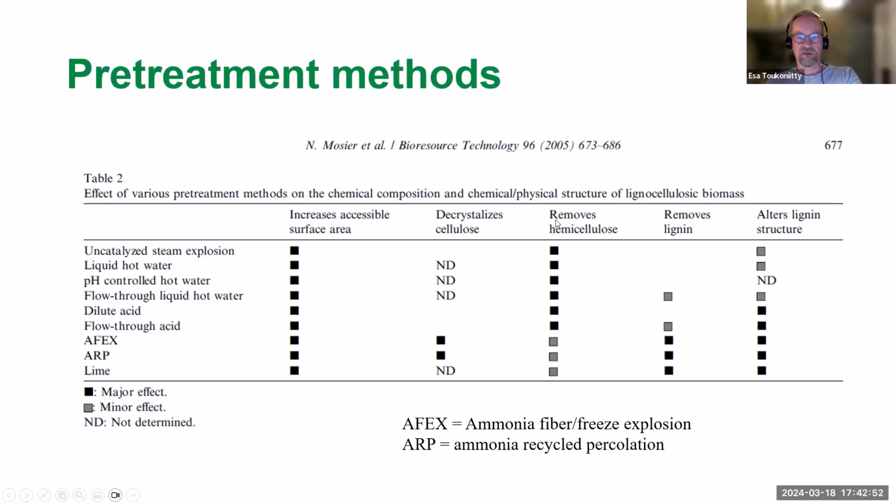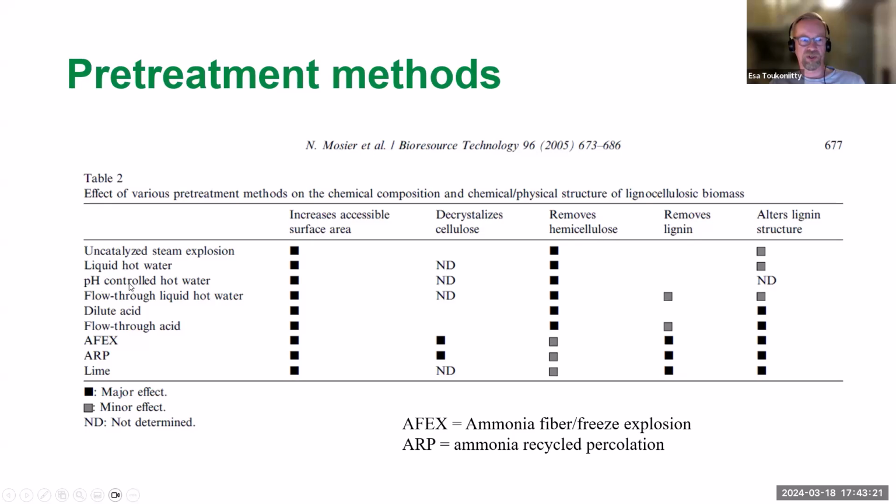Hemicellulose removal, like I said, is rather easy. So basically all of these methods are doing, at least to some extent, hemicellulose removal. Lignin removal is more challenging and not carried out by, for example, the steam explosion.